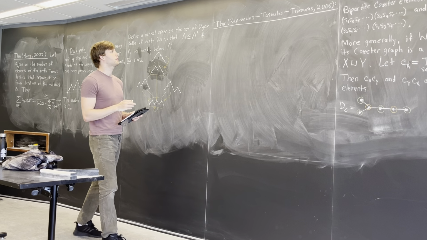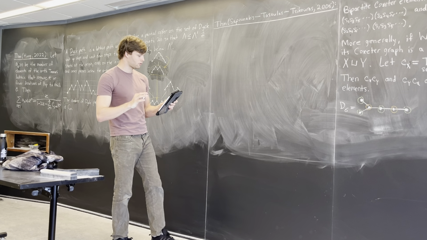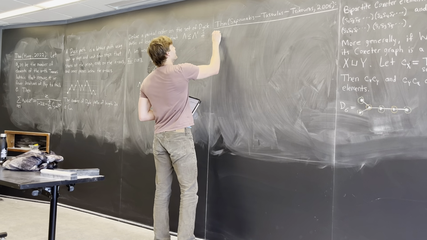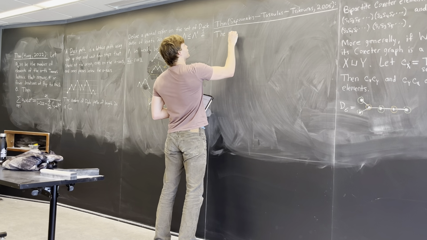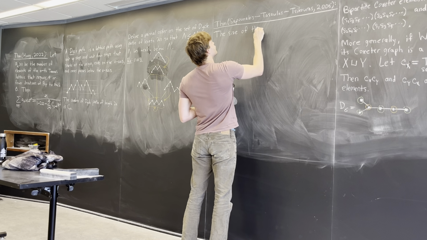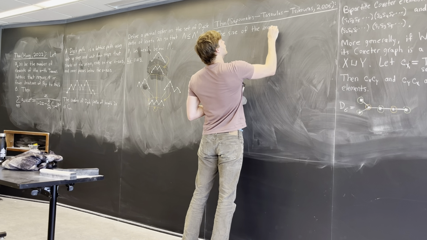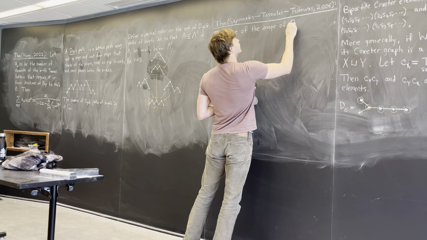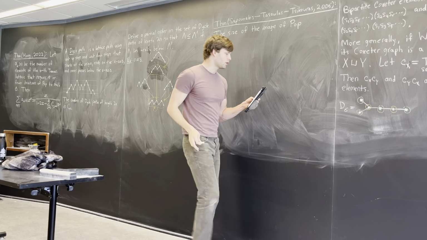Okay, this is probably the only time that this theorem will be mentioned in a class anywhere. So the size of the image of pop. Again, they weren't calling it pop, they had some other name for it.